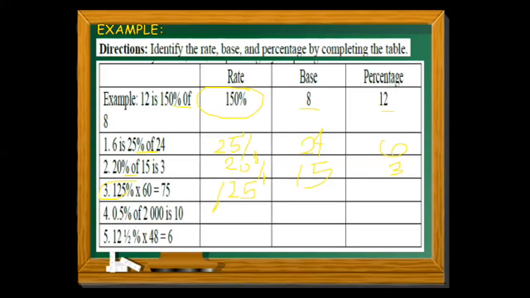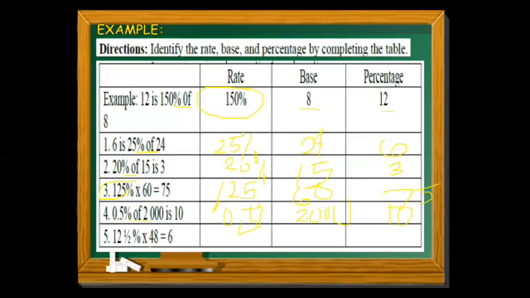So there is no percent of. The times 60 is what we call our base. And then the percentage is going to be the 75. Okay? And then 0.5%, that is still our rate. Of, since it is an of, that is our base, 2,000. Then the other number is 10.